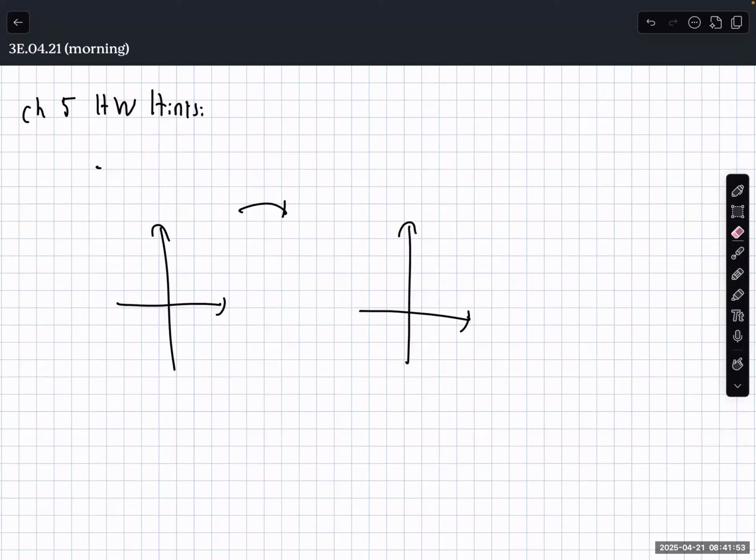Oh, let me actually look at my notes. I want the numbers to come out nicely. Interesting way to present it.